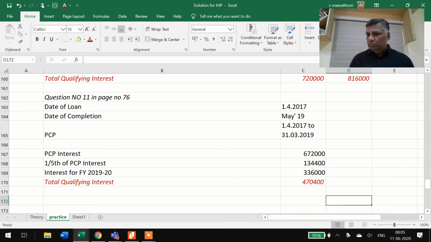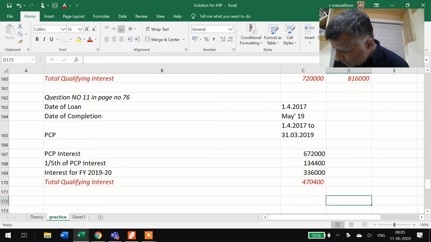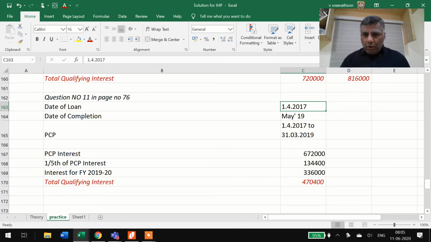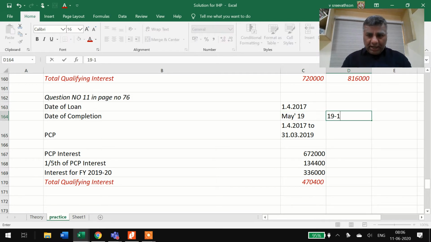Sir, can you explain how you got 6,72,000? Yeah, I can explain. It started on 1/4/2017 and ended in May 2019. May 2019 falls in the financial year 2019-20, which starts on 1/4/2019.